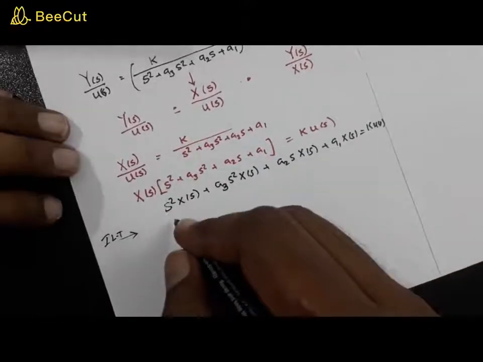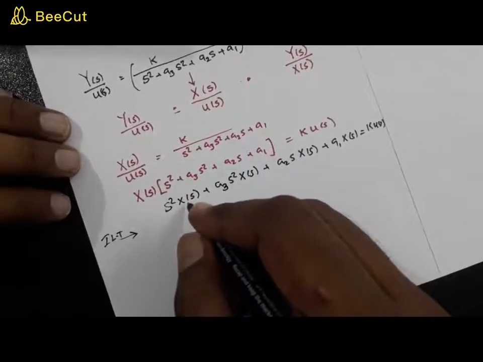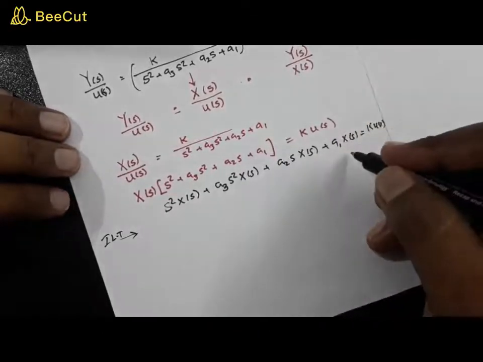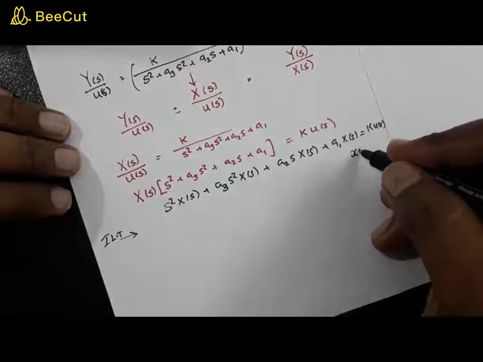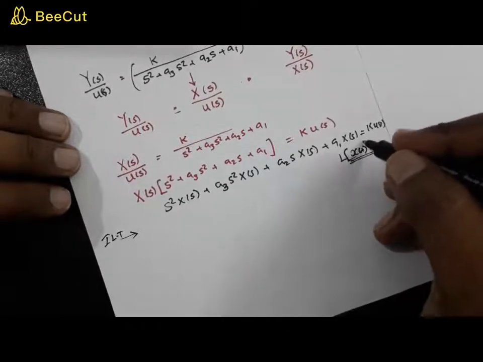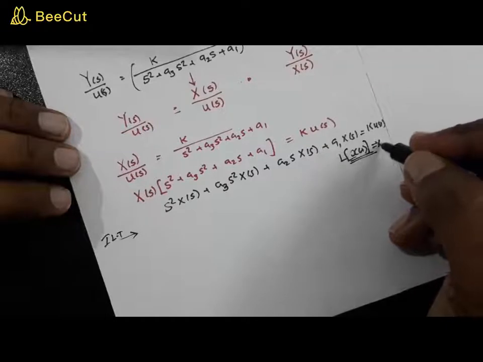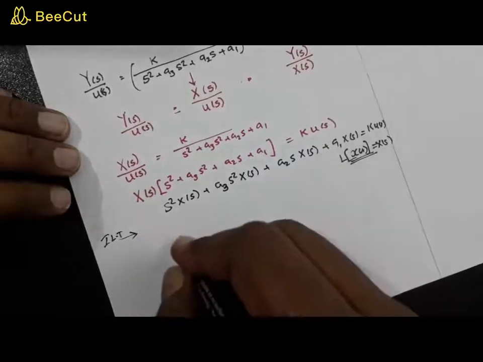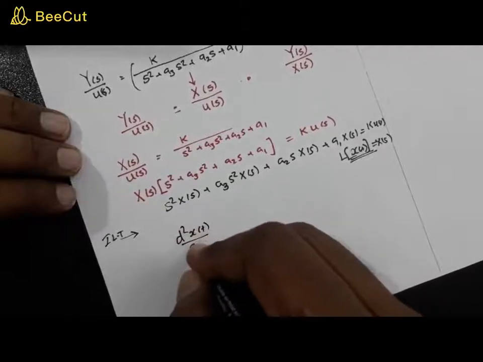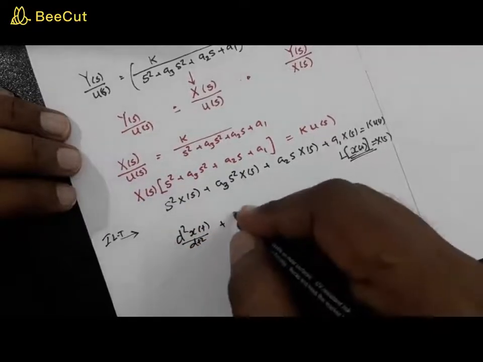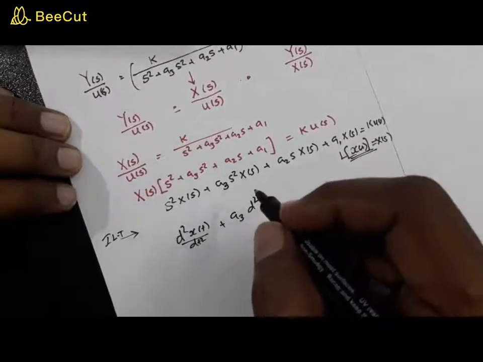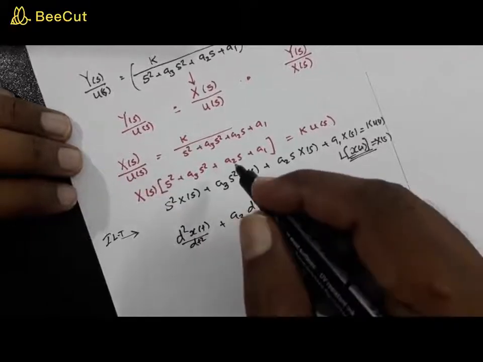So if this is x of s, let us consider the time domain of that x of s to be x of t. Or let us assume the Laplace transform of x of t to be x of s, so that you can write this equation as d cube x of t by dt cube, right, plus a3 into d square x of t by dt square, this is s square, right?